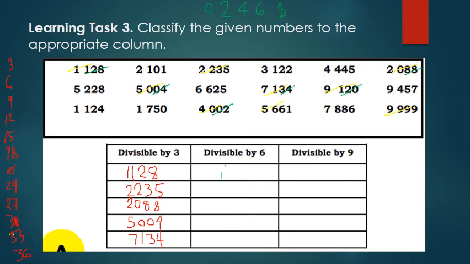So, ano nga po yun? 1,128, 2,088, 5,004, 9,120, and 4,002.